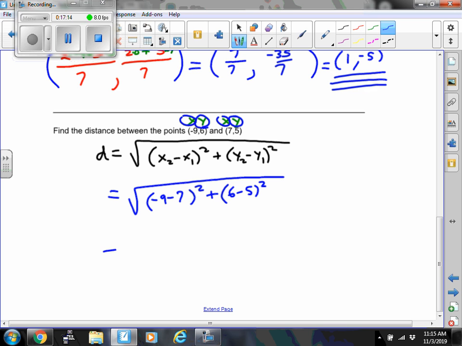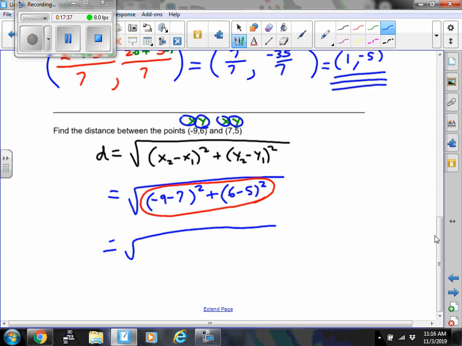Now in your calculator, type in this whole thing underneath. Do not do the square root, just this part right there. Type that in. When you do the negative 9 subtract 7, square it, make sure it's in parentheses, plus the 6 take away 5 in parentheses, and then power of 2.